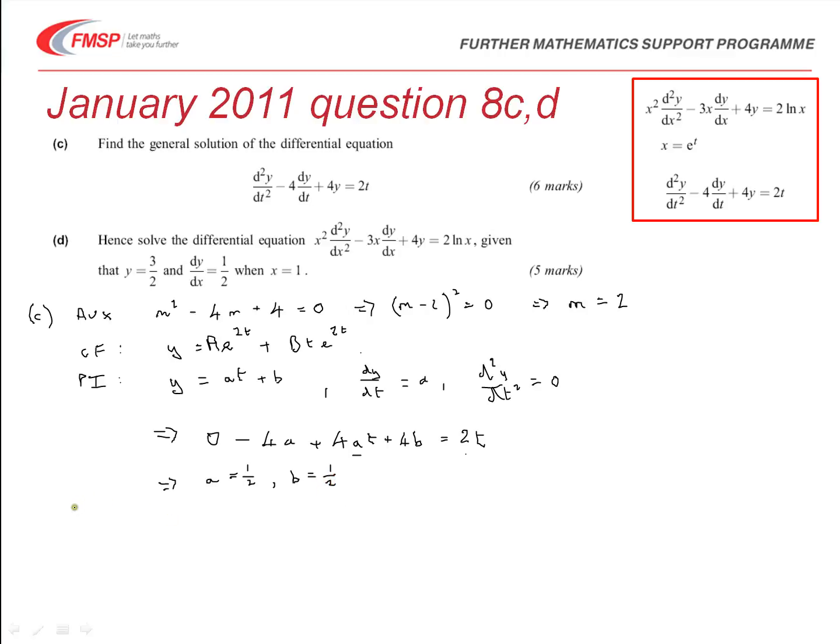So this gives me my general solution as being y equals a e to the 2t plus bt e to the 2t plus a half t, because a is a half, plus a half.